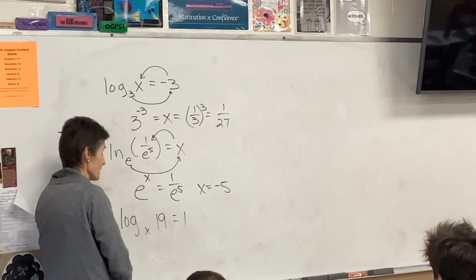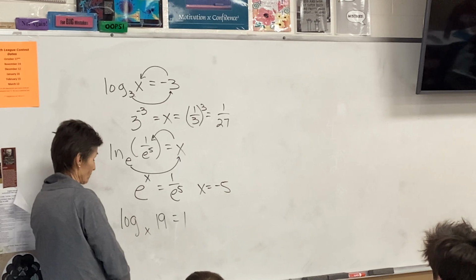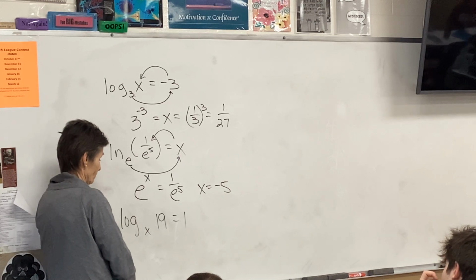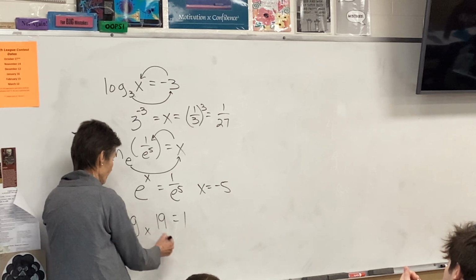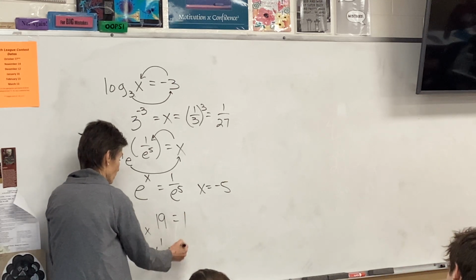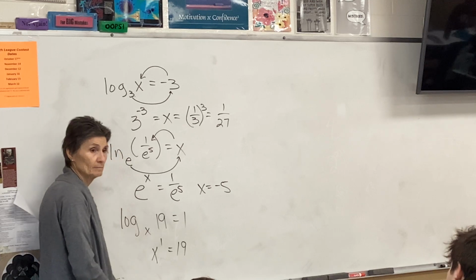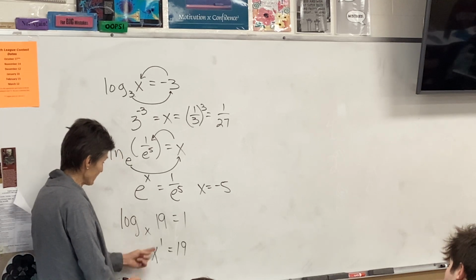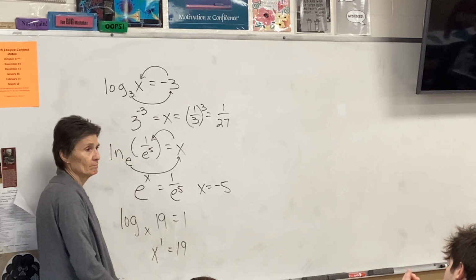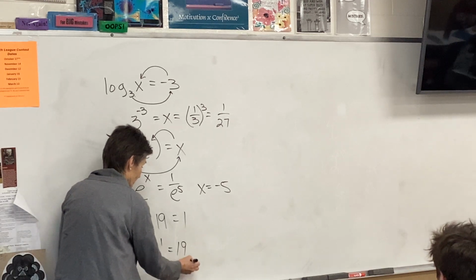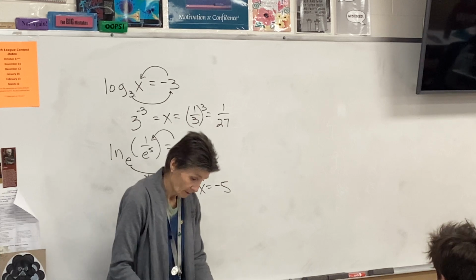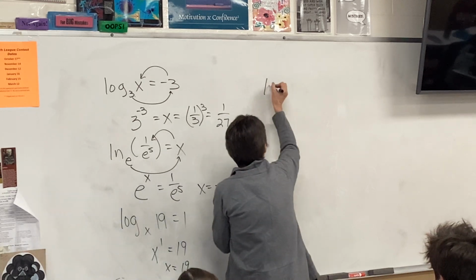All right, what's this one say? x to the first equals 19. So what to the first gives you 19? 19, yeah, so x equals 19. All right, how about D?